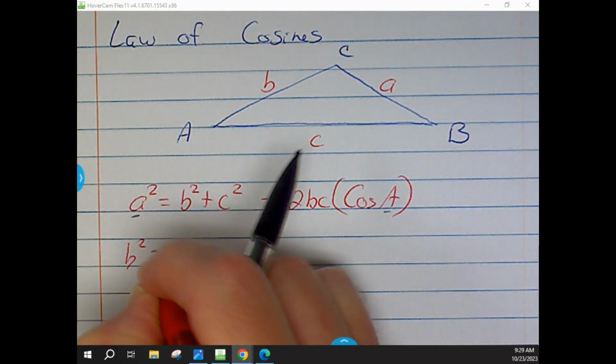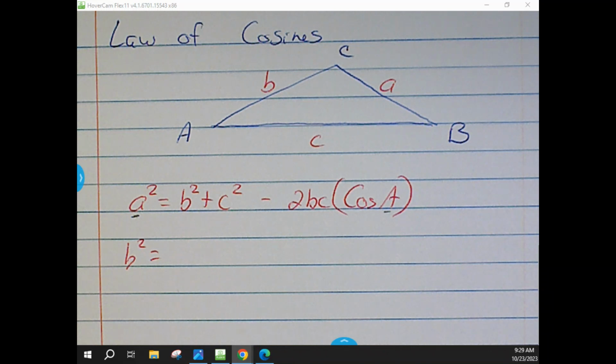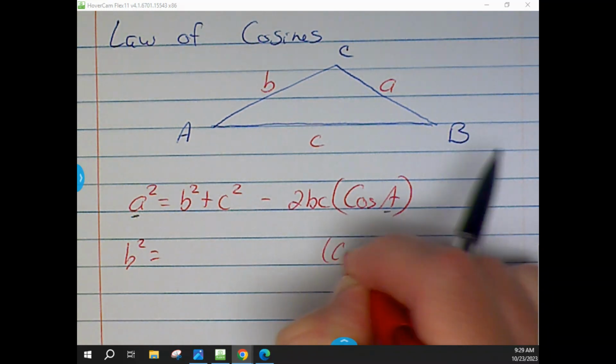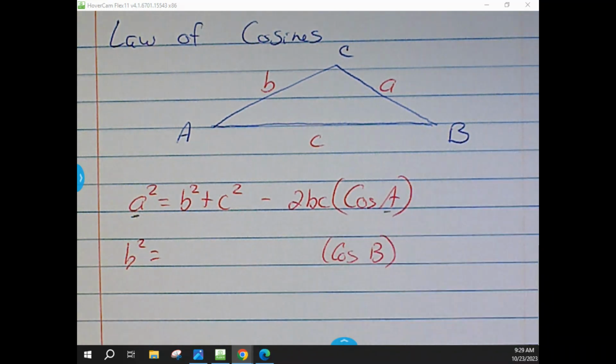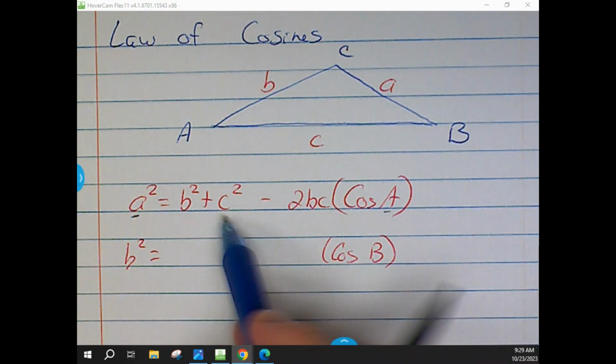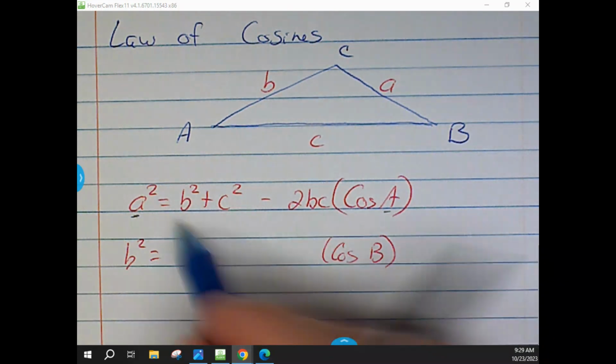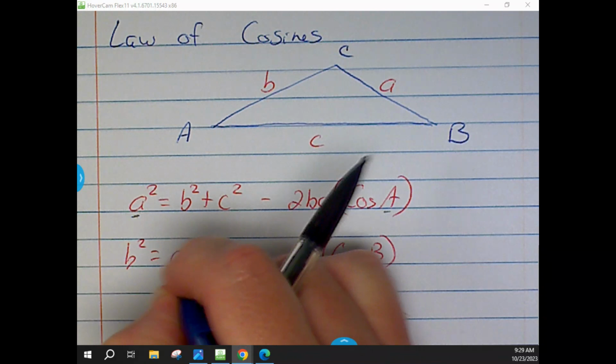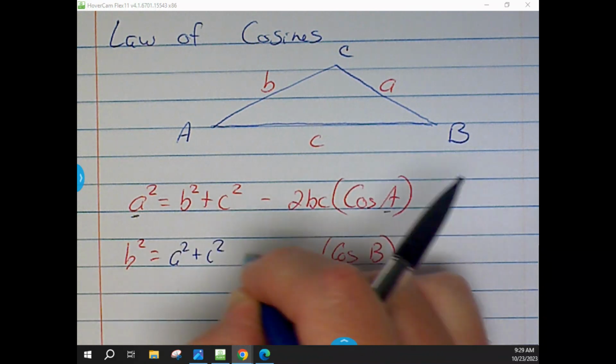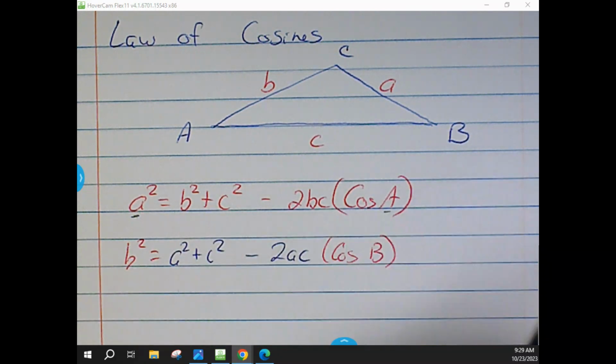The next variation of the law of cosines says we're going to do b squared, but this time you're going to find the cosine of b. And just like these were the other two sides here, this one's going to be the other two sides. So this is going to be a squared plus c squared, then minus 2ac.